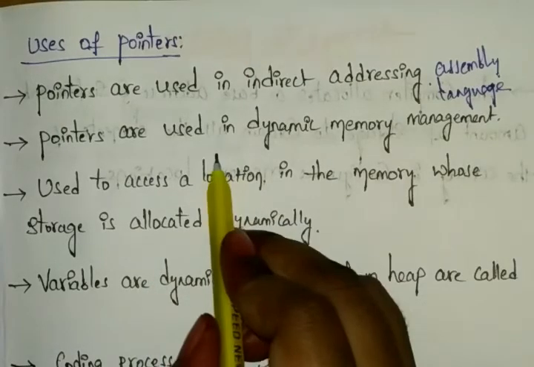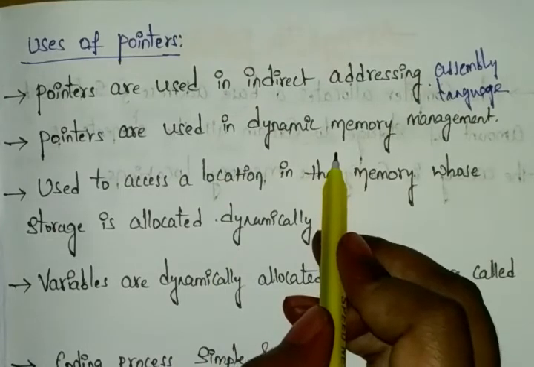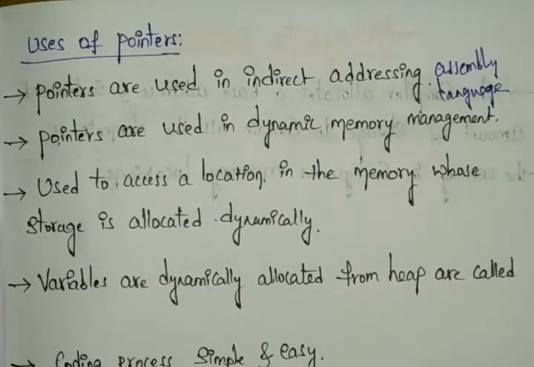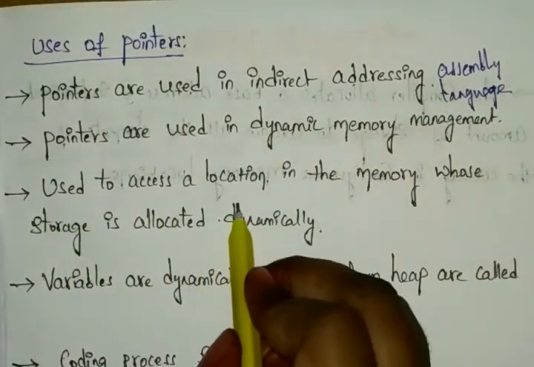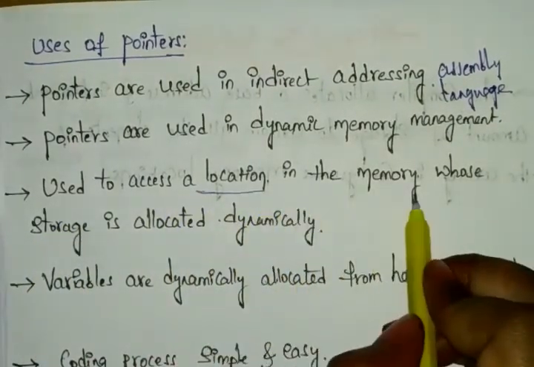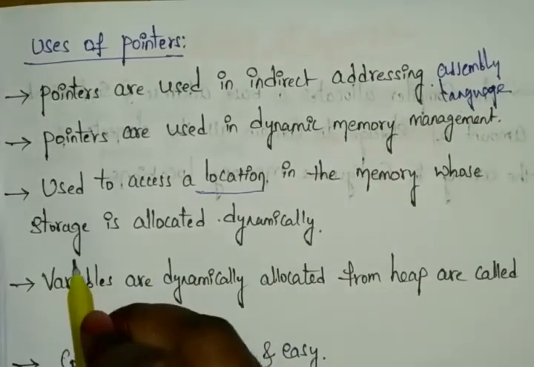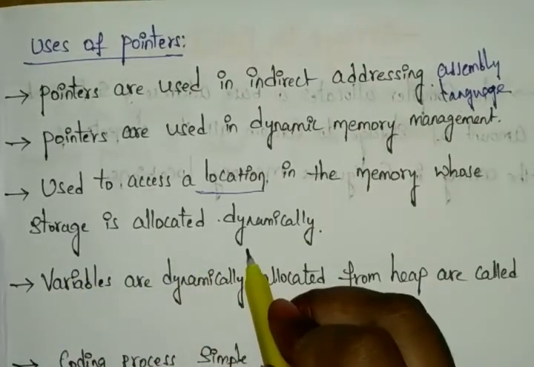And these pointers are used in dynamic memory management. So it may be the allocation, or else it may be the deallocation process. This dynamic memory management can be done in the form of allocation or your deallocation process. And the pointer is also used to access the location in our memory whose storage is allocated dynamically.